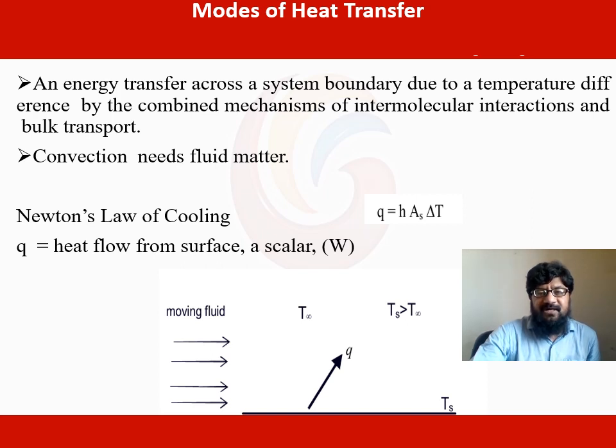So heat will be transferred by the conduction mode from the adjacent layer of the moving fluid by this solid and also by the transport of the bulk motion of the matter which are heated when they come into contact with the elevated temperature of the solid surface.